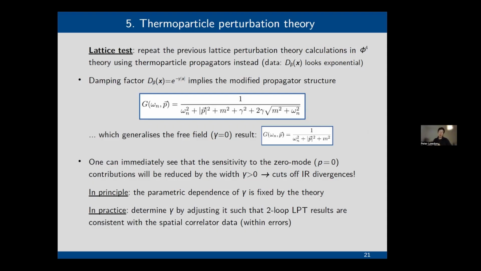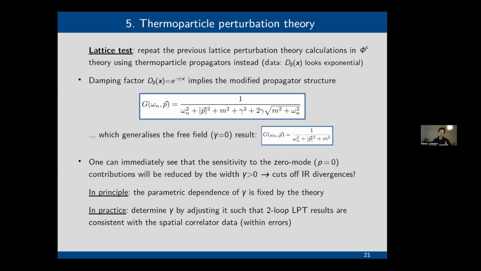Then we use that gamma to make a perturbative prediction of the temporal correlated data. We do a lattice perturbation theory prediction of the temporal correlator using the gammas that we got from the spatial correlator. This is a pragmatic way of doing it because this is not a continuum theory, of course. It has a lattice cutoff and so on. So this is a way of pragmatically extracting that information from the lattice data.